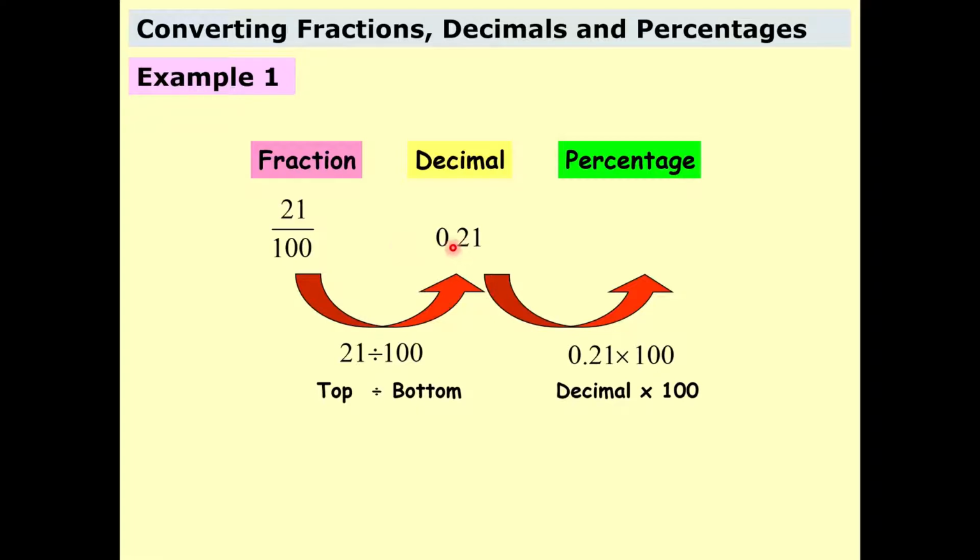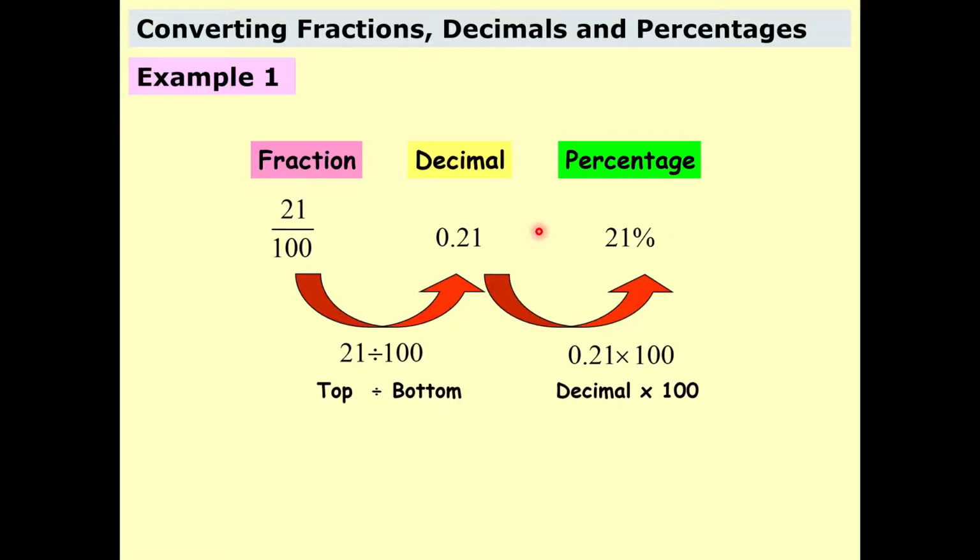So your tenths will become tens, and your 100s will become units to get 21%. So fraction into a decimal, you simply do the calculation, 21 divided by 100. To then change your decimal into a percentage, you multiply by 100.